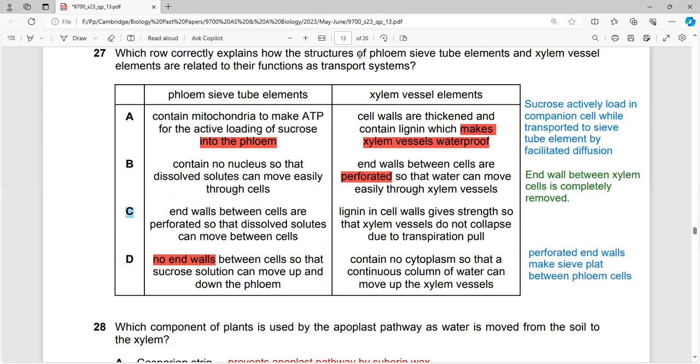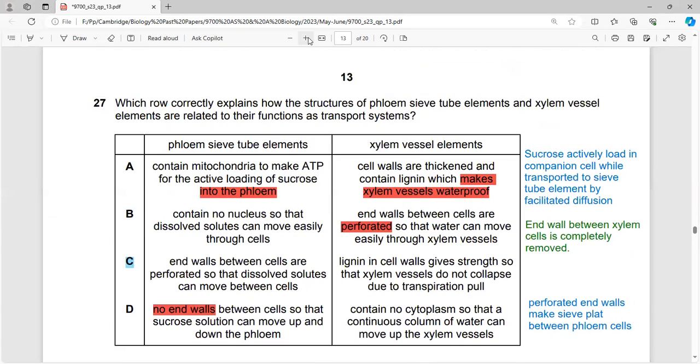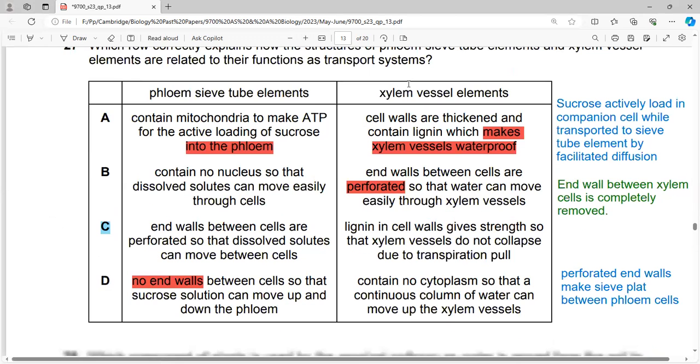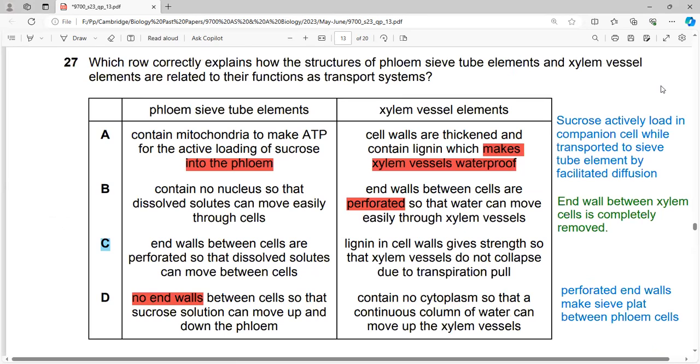We are going to proceed with this question, and we are going to relate the structure of the xylem and phloem to their function. For example, option A: the sieve tube element contains mitochondria to make ATP for active loading of sucrose. You studied that sucrose transfers from the source cell to the companion cell by active transport.